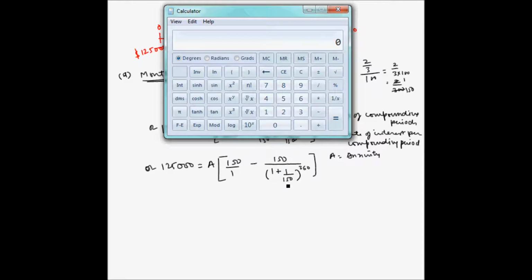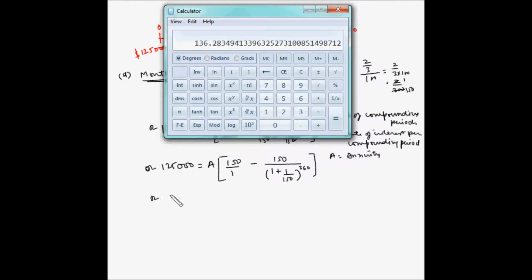So 1 divided by 150 plus 1, x to the power y of 360. Now this is 1 by x into 150. This is negative and we have to add 150 to this. So 136.28.